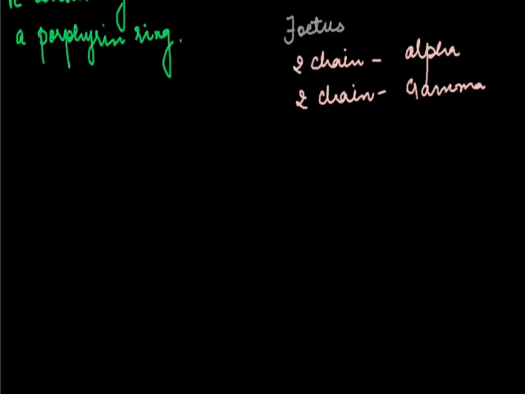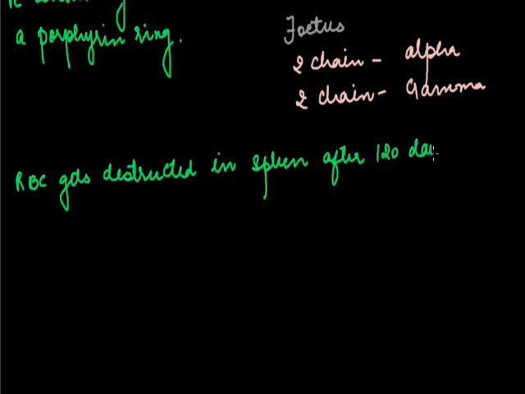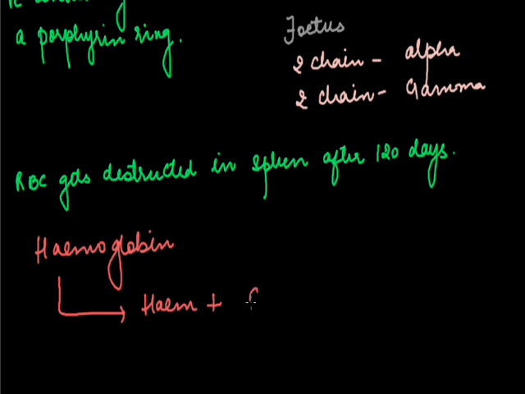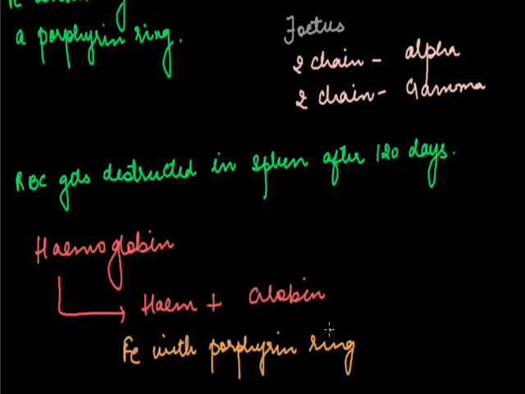Now, after 120 days, the RBCs get destroyed in the spleen. In the spleen, the RBC releases its hemoglobin. This hemoglobin splits again into heme plus globin. This heme contains iron with a porphyrin ring.